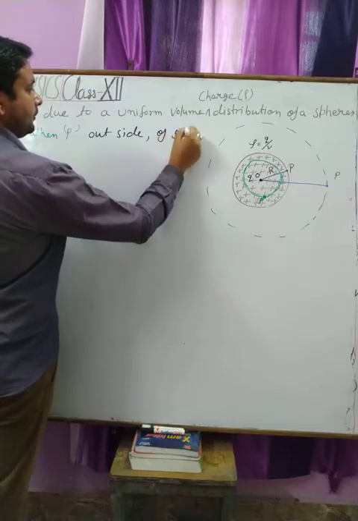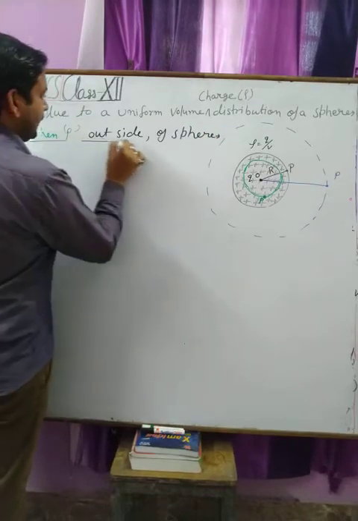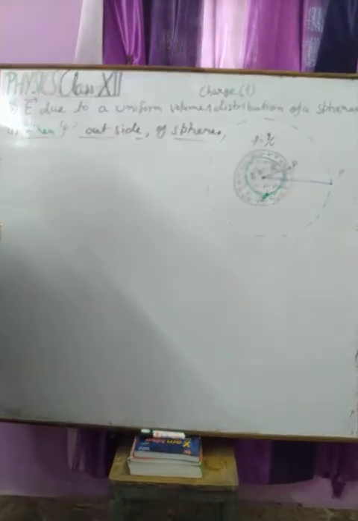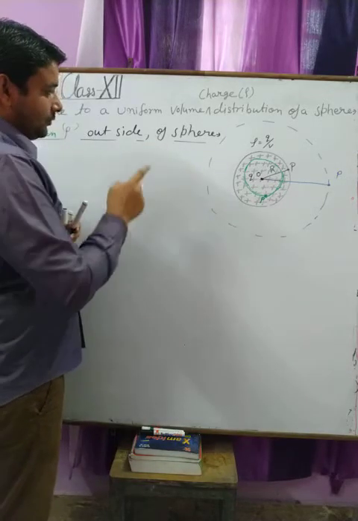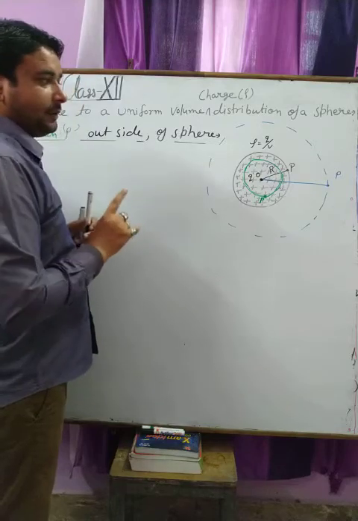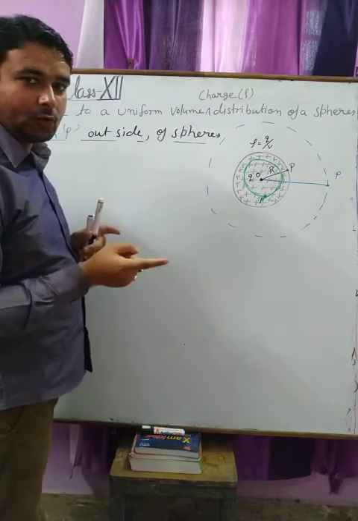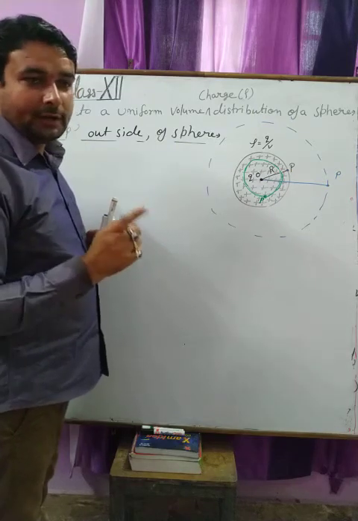Again, the electric field due to this volume charged sphere is like a point charge and the electric field lines are radially outward, and for the sphere surface the area vector is also radially outward.